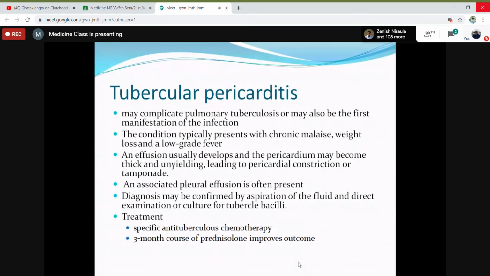Effusion usually develops and the pericardium may become thick and unyielding, leading to pericardial constriction and tamponade, and associated pleural effusion is often present. Diagnosis may be confirmed by aspiration of the pericardial fluid and direct examination or culture of the tubercular bacilli. For the treatment, antitubercular therapy and a 3 months course of prednisolone will improve the outcome.